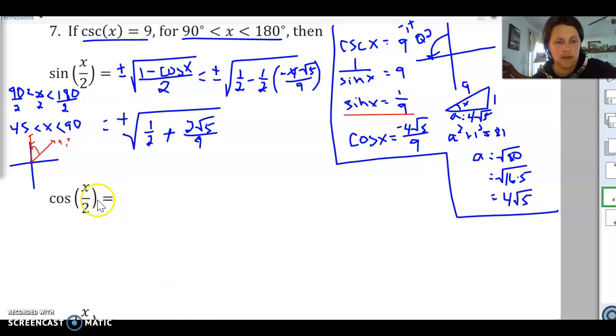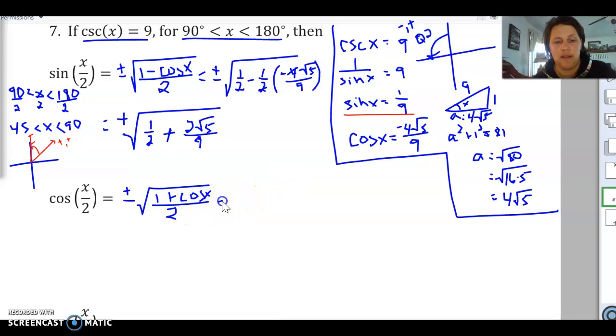Okay, now coming down to the cosine of x over 2. Let's go right to our half angle identity. It's going to be plus or minus the square root of 1 plus cosine of x over 2. Now we're still using all of the same exact information. It's still just a separate part of number 7. So our cosine x is still equal to what we had over here, the negative 4 square root of 5 over 9.